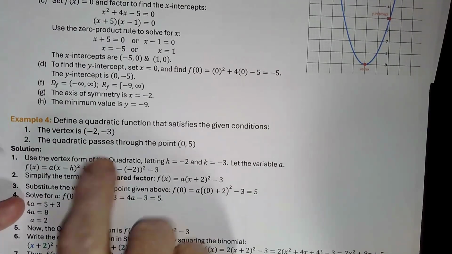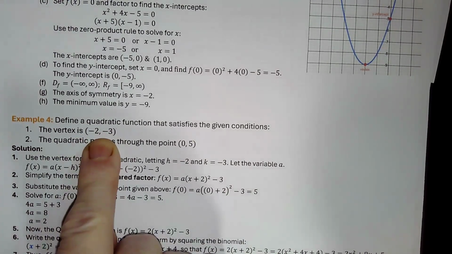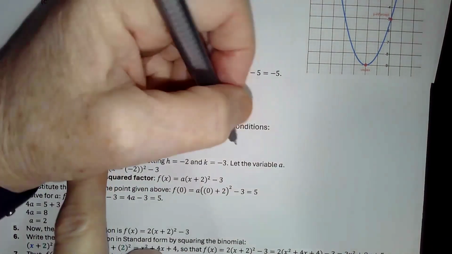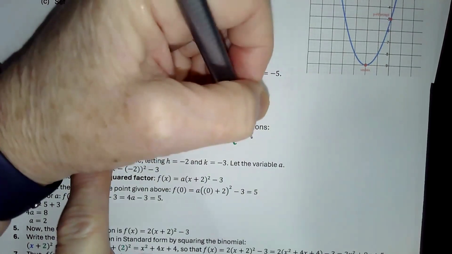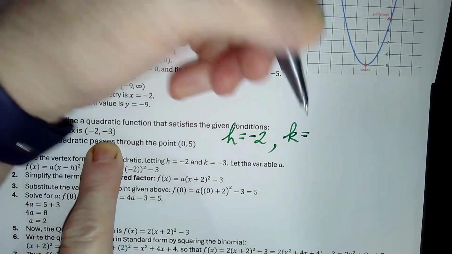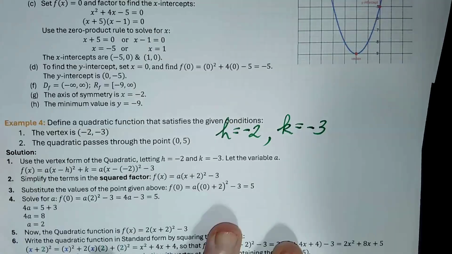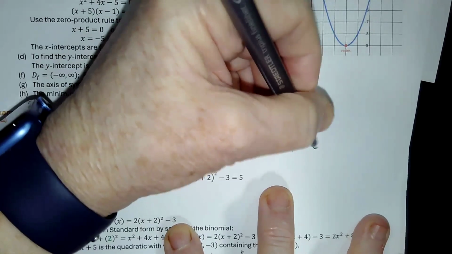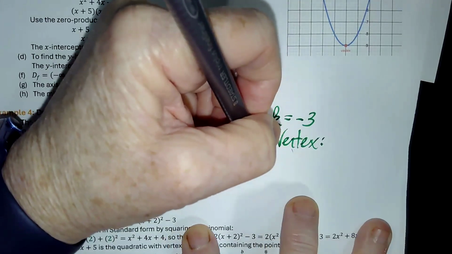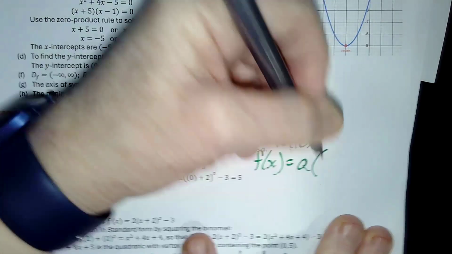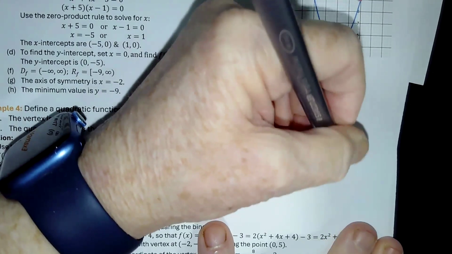So to do that, since we're given a vertex, we're going to use the vertex form. And I know that h is -2 and that k is -3. The vertex form is f of x is equal to a times (x minus h) all squared plus k.